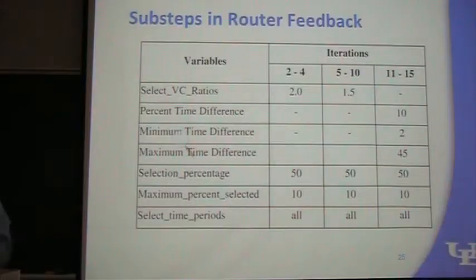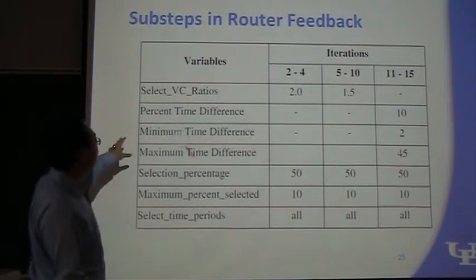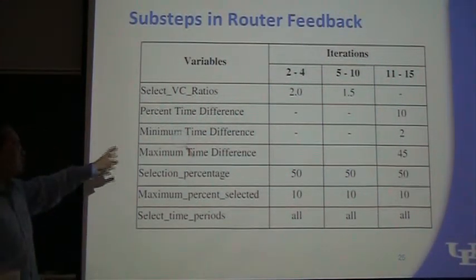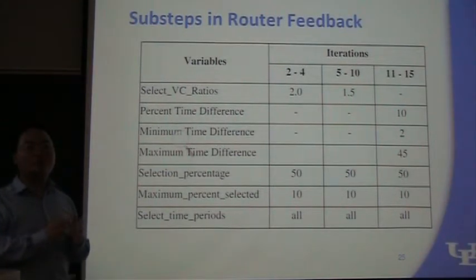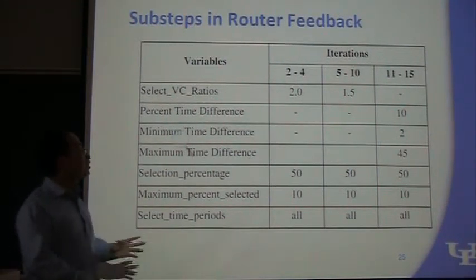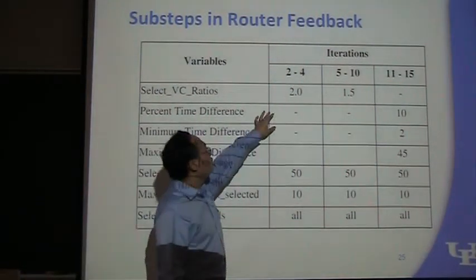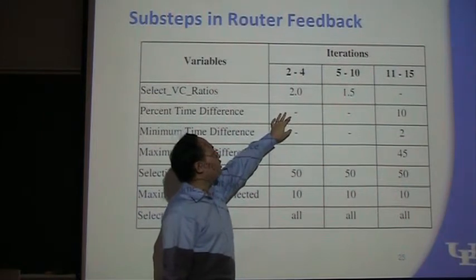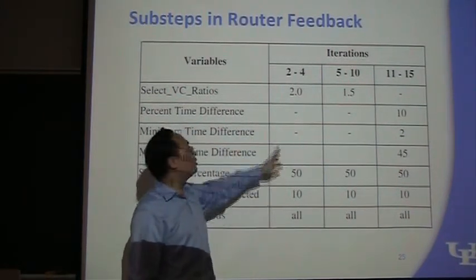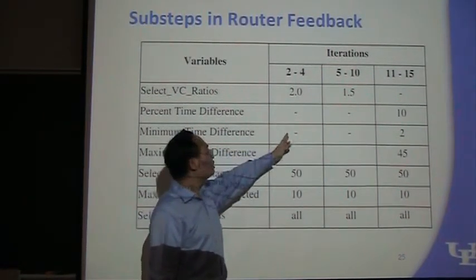I forgot to show this slide for router stabilization. This is a table of parameters that was suggested in the literature for router stabilization. It suggests you use V/C ratio for 3 iterations, from the second iteration to the fourth iteration.